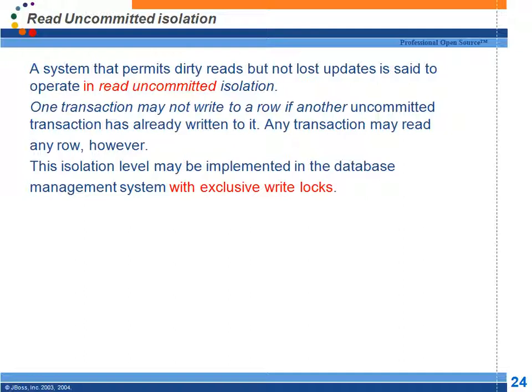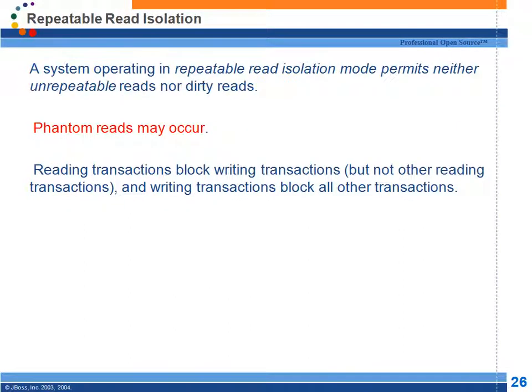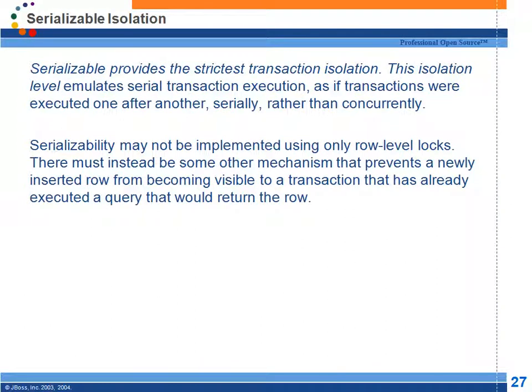Suppose your application only reads data and is not going to write anything, then it is better to use repeatable read isolation. Like that, your database administrator will decide which isolation level to use.